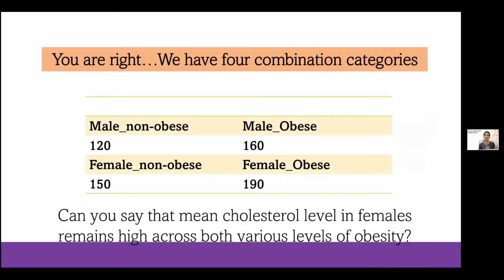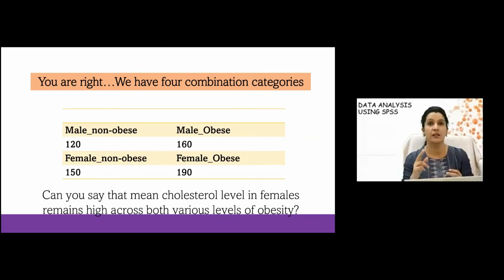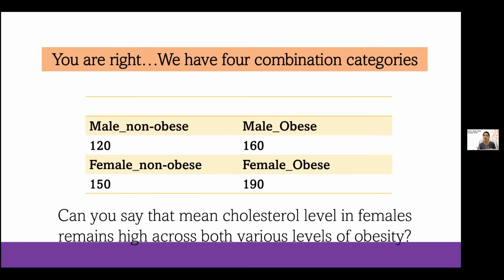The third cell is where female non-obese will be. Here both are having two categories, male and female, obese and non-obese. Are you clear up till this point regarding the categories, how this combination is working?